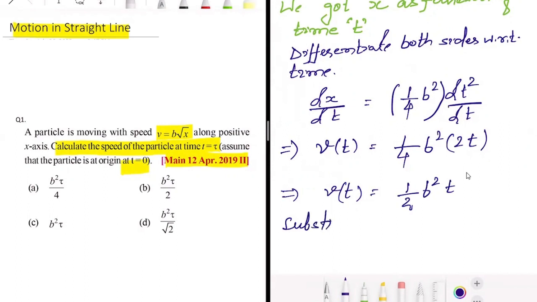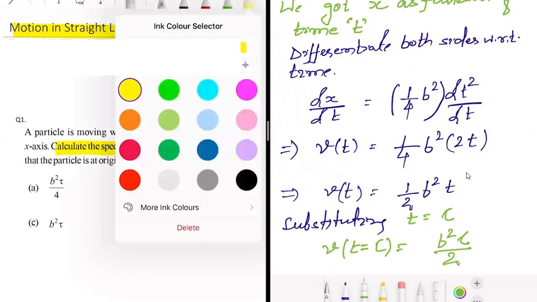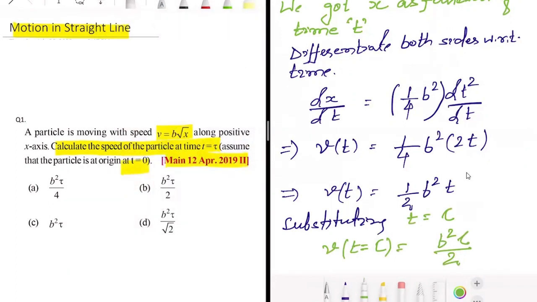Substituting t equals tau, v at time t equals tau equals b square tau upon 2, which is our option B.